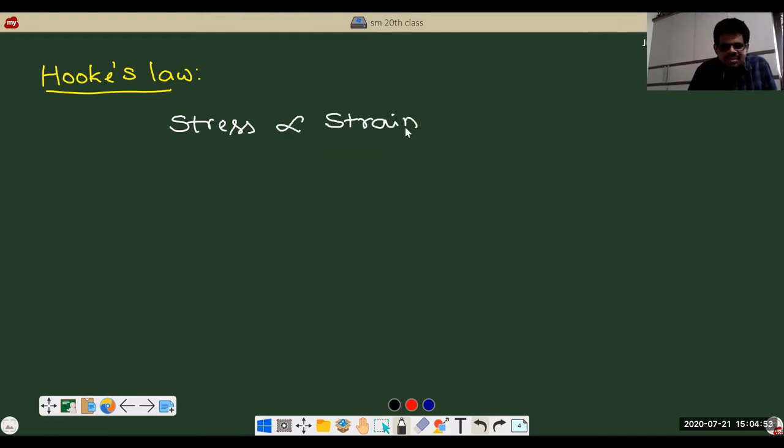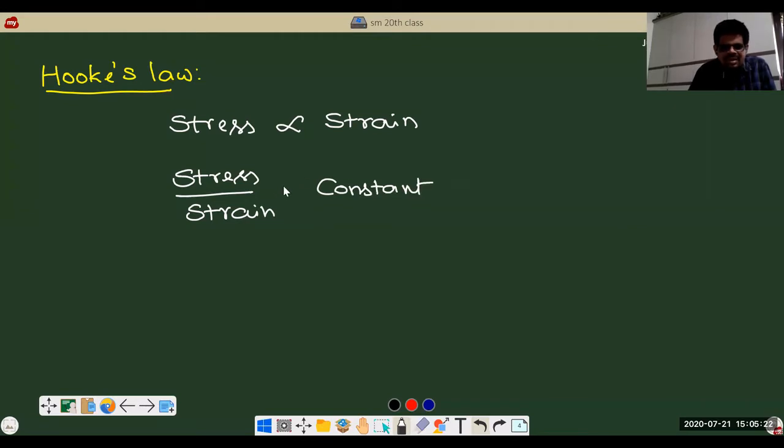That means stress and strain maintain a specific relation. In other words, it can be written as stress by strain. The strain is brought to the left side, so now this will become a constant. There will be nothing on the other side, simply 1, so I will write it as a constant.